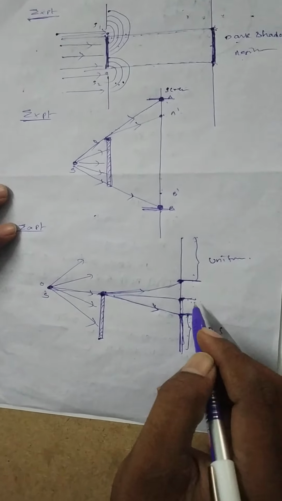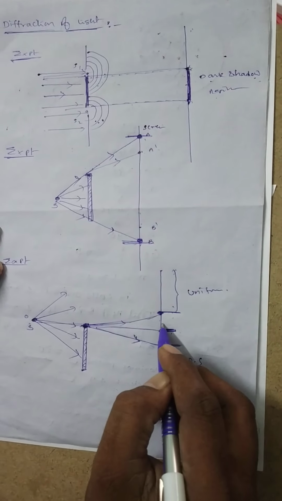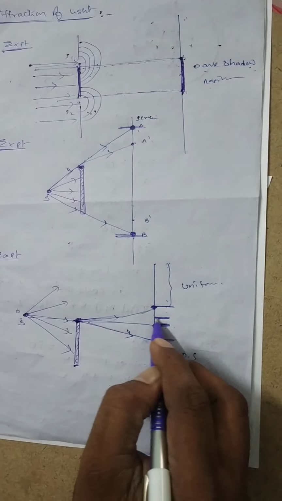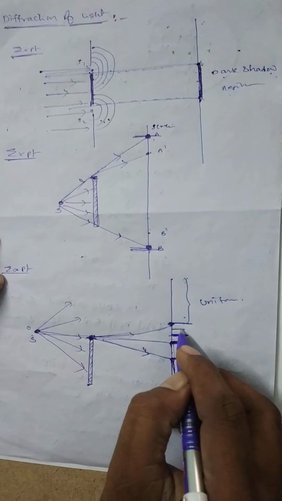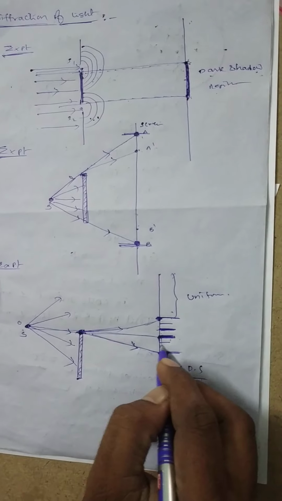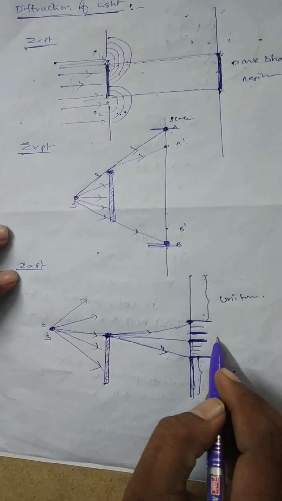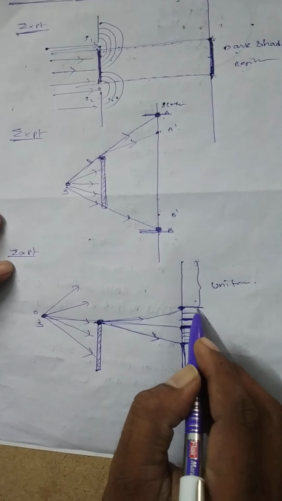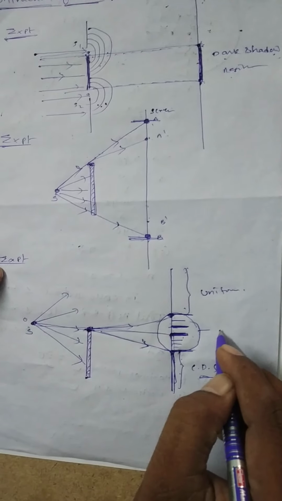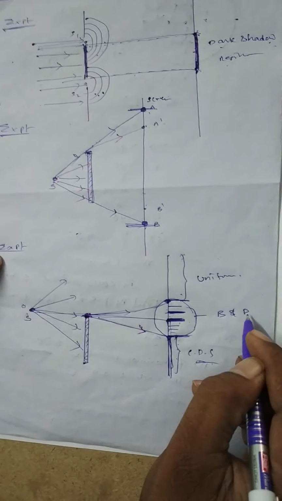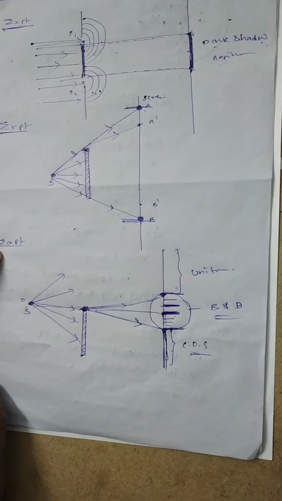So in general, suppose at this point there is a completely bright region and this is the second bright region. Gradually the intensity decreases. Central bright, first bright, third bright, and also here first bright, second bright, and so on. That means alternately bright and dark bands are formed within this region by the superposition of light rays.